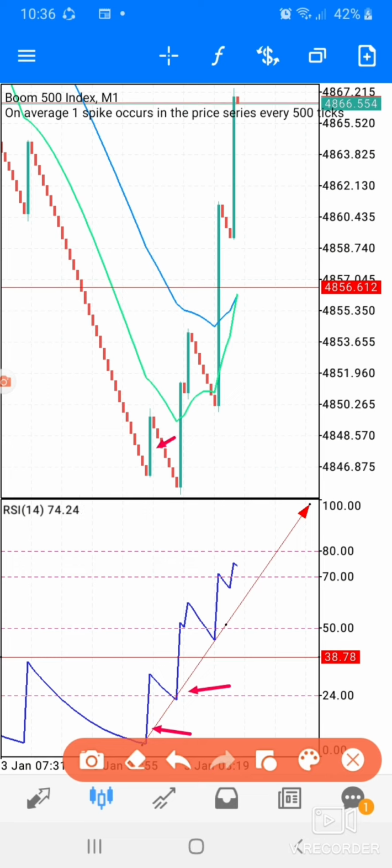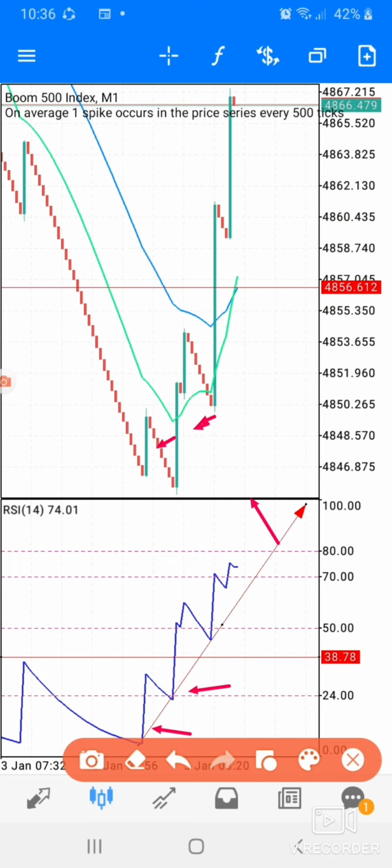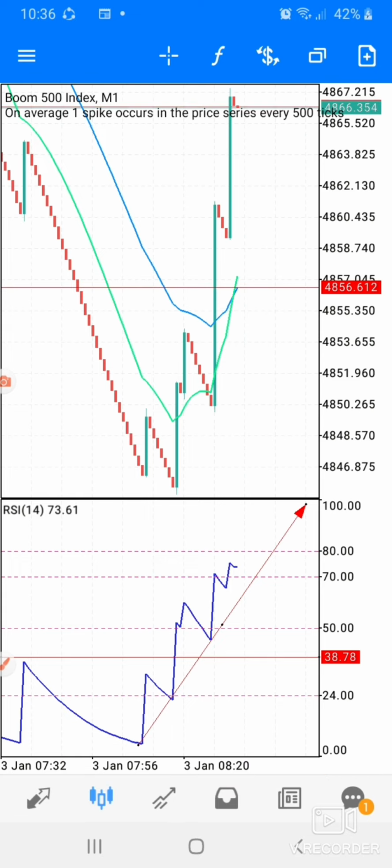Spike 1, 2, you're not going to be able to catch them. You're gonna use them to draw a trend line. This is the trend line I'm talking about. On your RSI, you use the two points to draw your trend line.